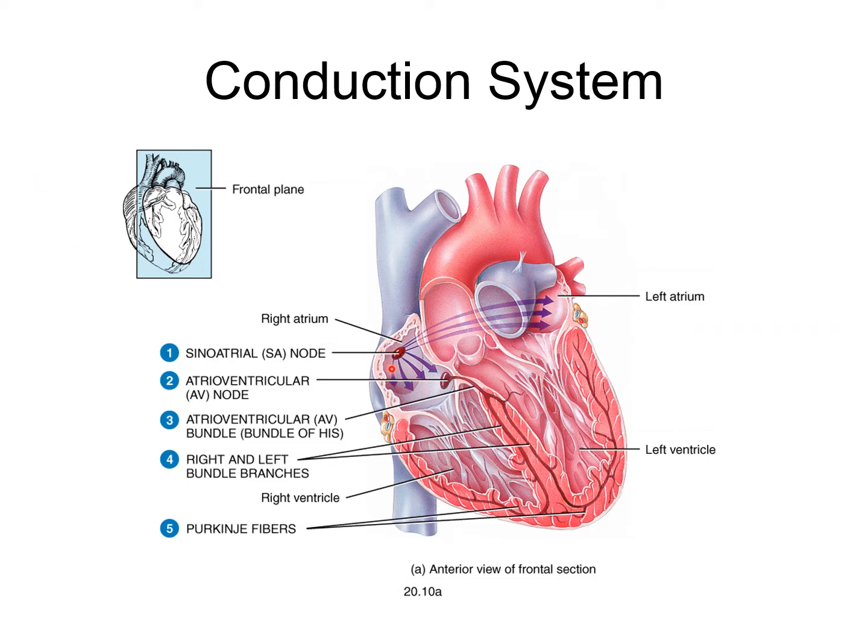Therefore, the SA node in a normal heart takes charge of producing the stimulus for the other cells of the cardiac muscle. Therefore, it is called the pacemaker of the heart, and it is responsible for the spontaneous and rhythmic contraction of all the heart muscles.